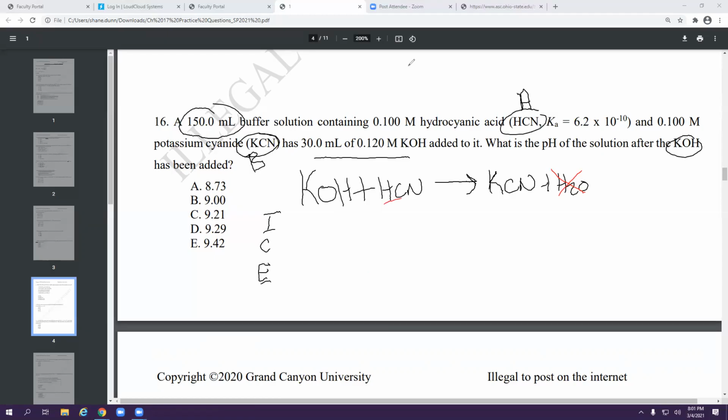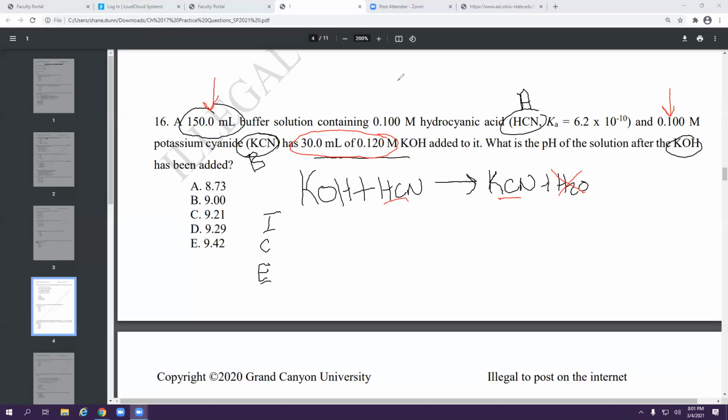The hydrogen cyanide and potassium cyanide are both at one molarity at 150 milliliters, right? This KOH is 0.12 at 30. What this means is we need to convert them all to similar units. Guess what that is? Moles. Convert everything to moles.